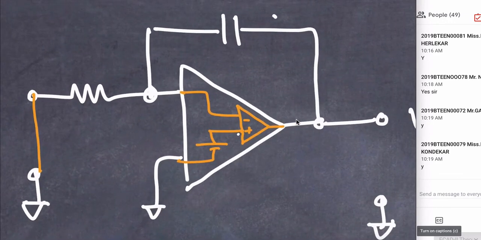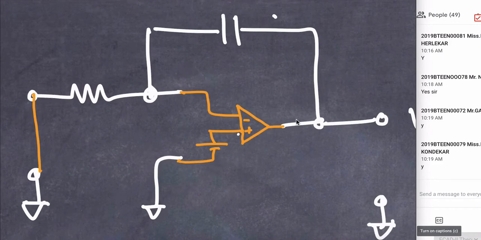So this circuit gets modified. Suppose if you remove this outer side, then this circuit gets modified as non-inverting amplifier with VIO input.